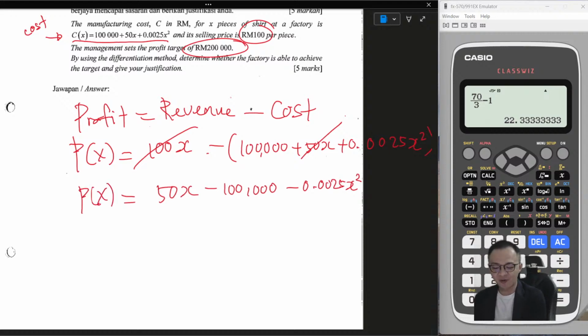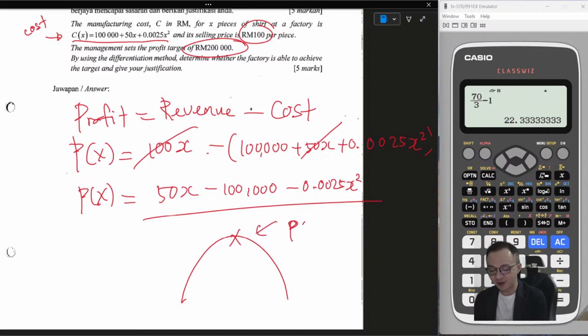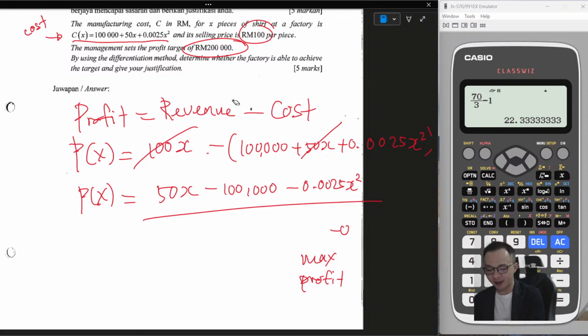Okay, this one obviously is a maximum graph, right? So we can find our maximum profit if we differentiate and set it equal to 0. If I differentiate P(x) and set it equal to 0, I can know my maximum profit. Because the profit target is set to 200,000, I want to see whether I will hit the target or not.